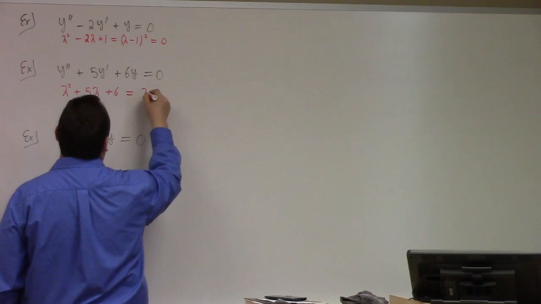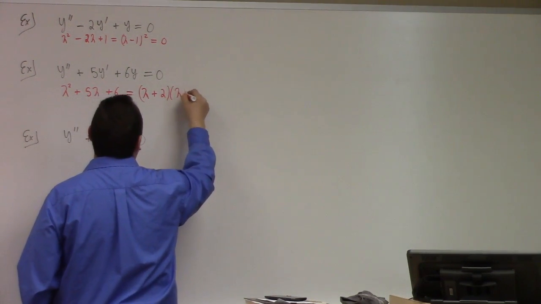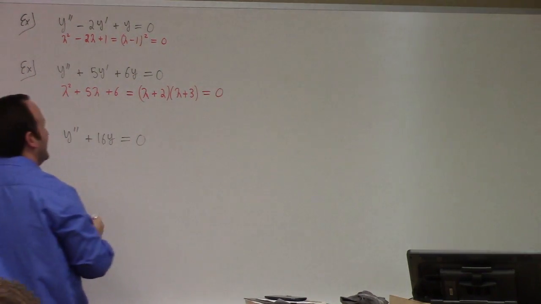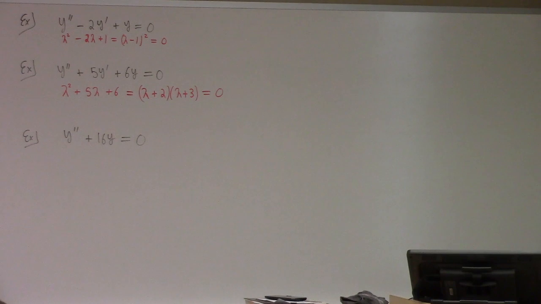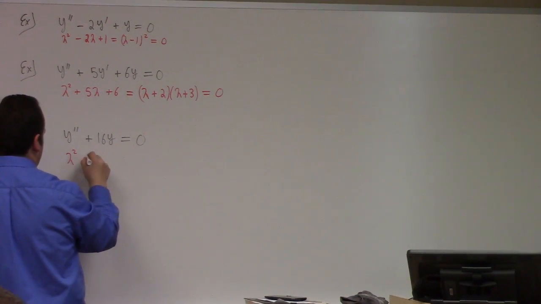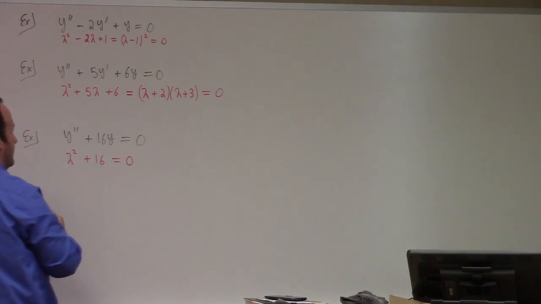This factors because I wanted it to factor, and that's why I made this example up. Sorry, not a very real-world example, but you'll forgive me. And this one is what? Right.